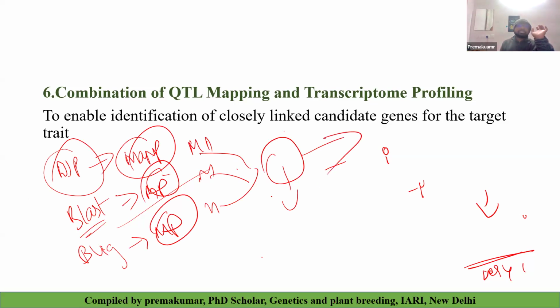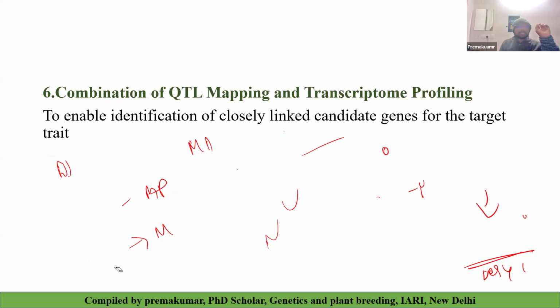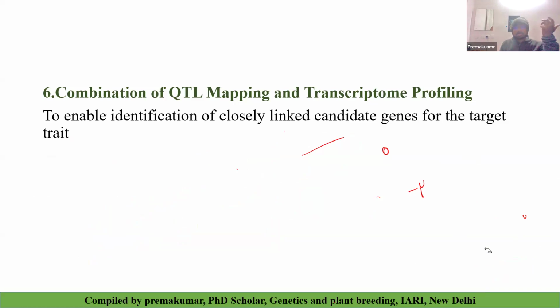Then you develop one variety resistant to nematode, blight, and blast. How many years will it take? You have to validate it. It's a very lengthy process, laborious, time consuming, and costly. We have to develop a biparental mapping population for everything.